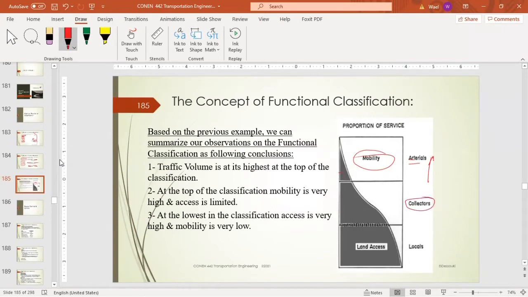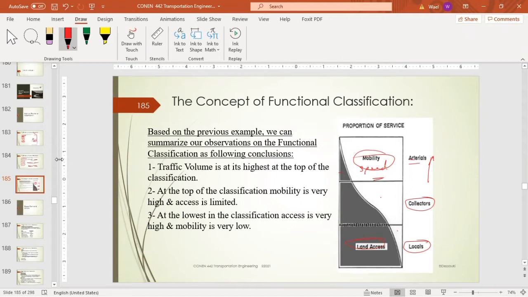So there is sort of a balance between mobility and accessibility. For local streets, accessibility is high. You can access from any point, but the mobility, which is basically speed, in local streets is very low, okay? So that's what we mean with the functional classification.